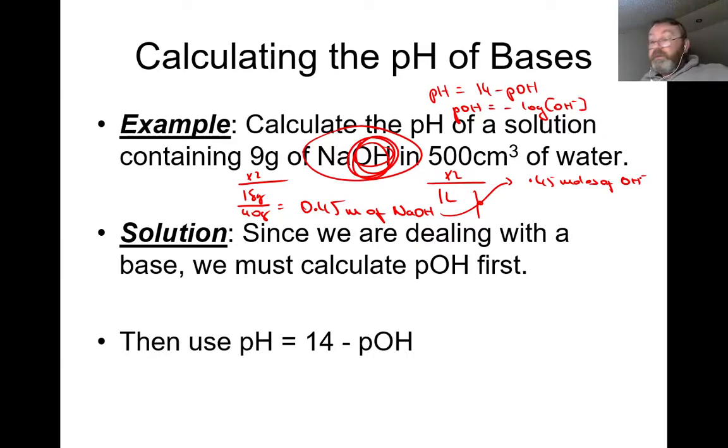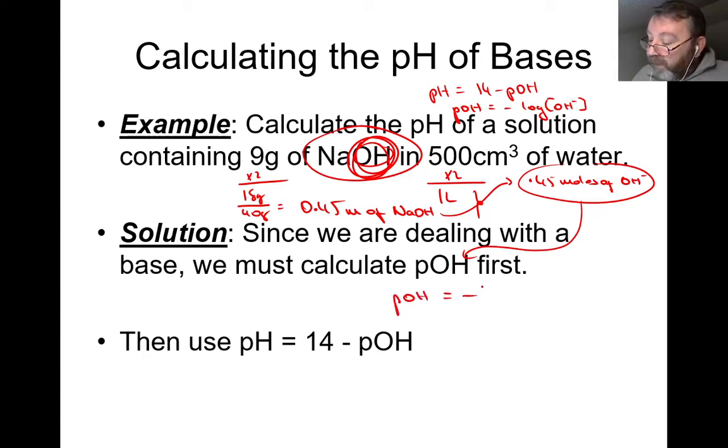So what do I do? I put that into the pOH formula. Okay, so therefore pOH equals minus the log of the OH minus ion concentration, which is minus the log of what? Well, 0.45. And if you go to your calculator, minus the log of 0.45 equals 0.347.